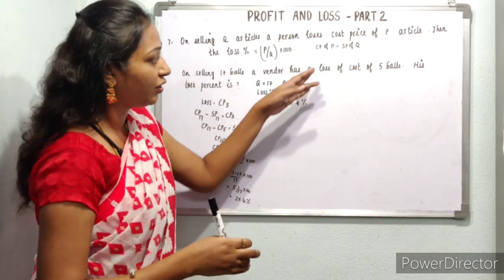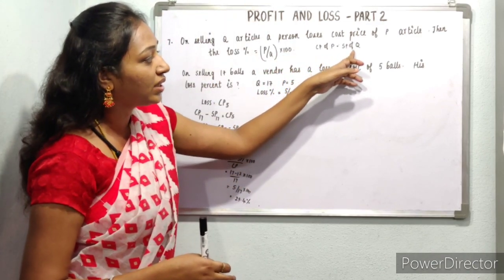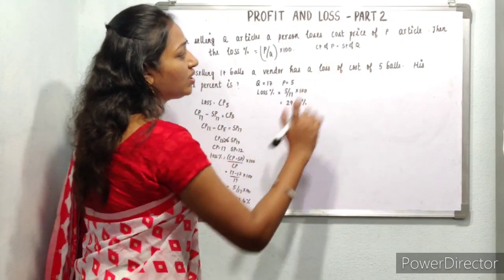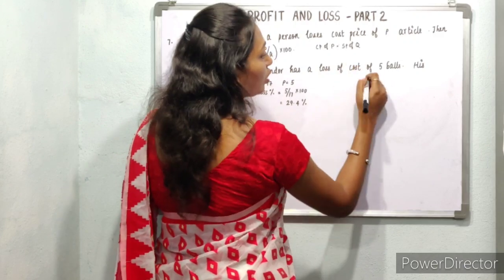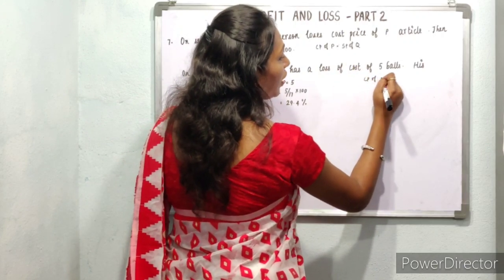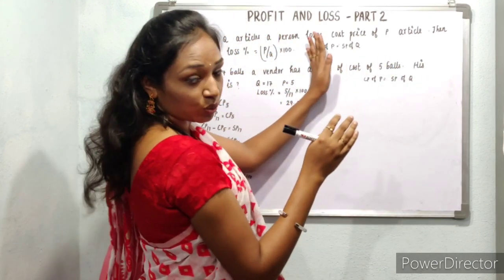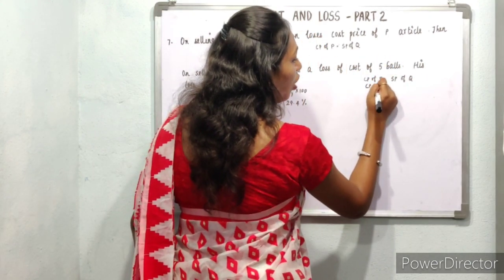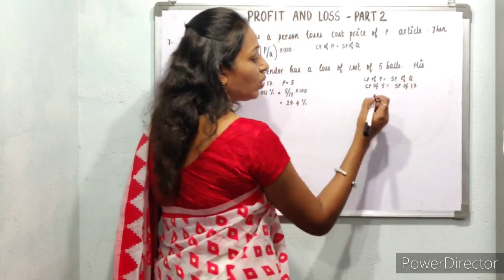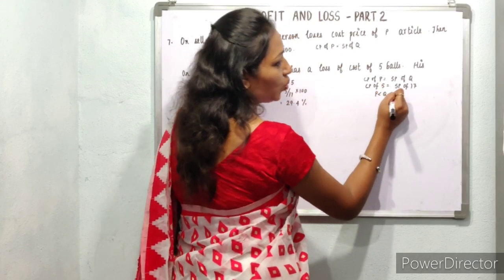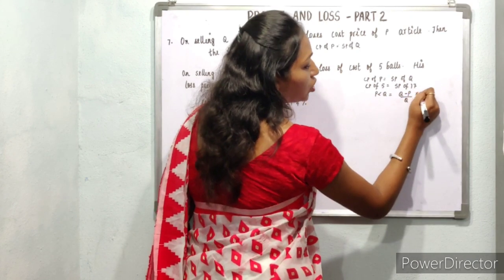Now I'll tell you the difference between this formula and the previous. I told you the cost price of P articles is equal to the selling price of Q articles. Now when we forget the word loss, then you can do it using this formula. So we have the cost price of P articles is equal to the selling price of Q. Now substitute, forgetting the word loss, so we have CP of 5 equal to SP of 17. When P is lesser than Q, we have the formula Q minus P divided by Q into 100.